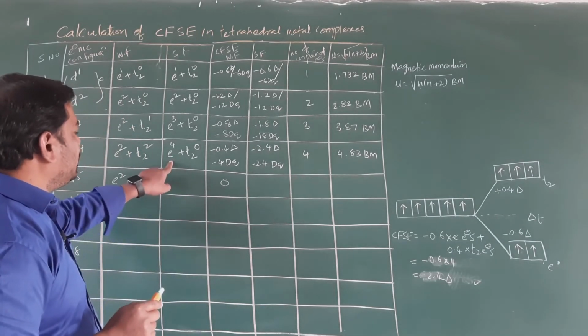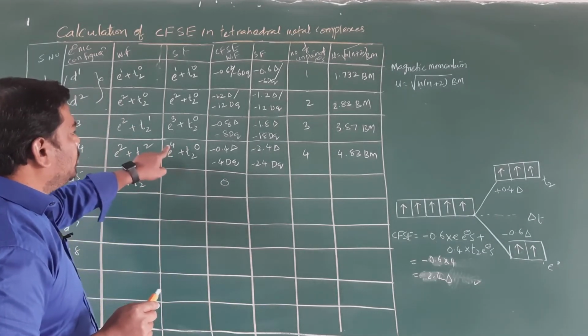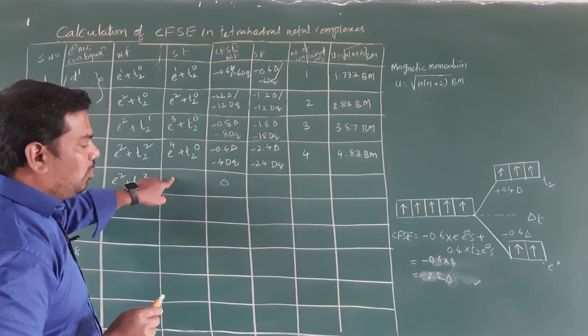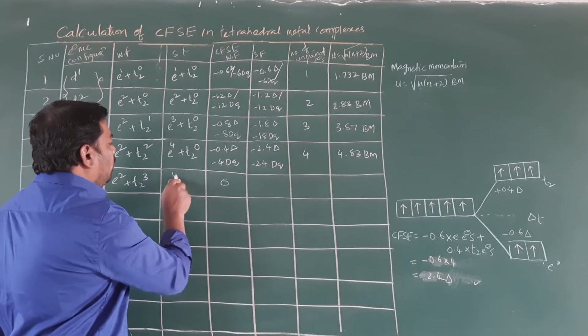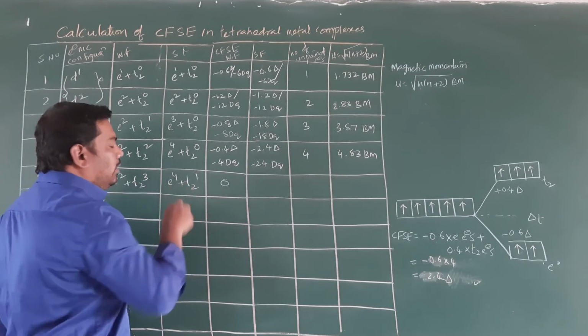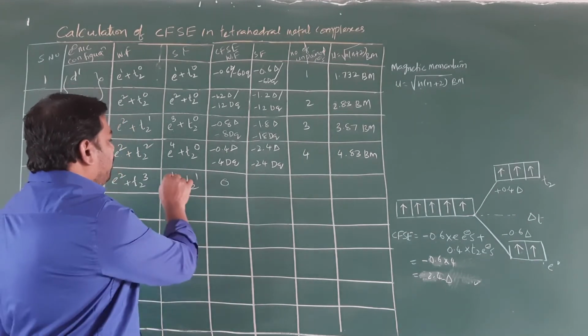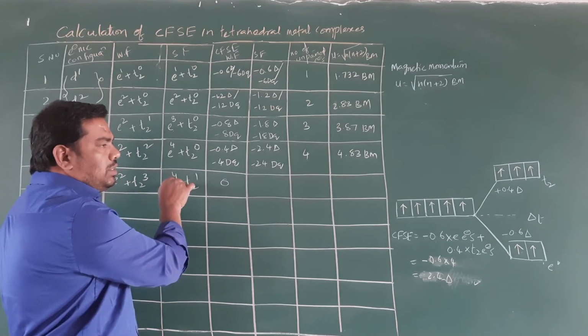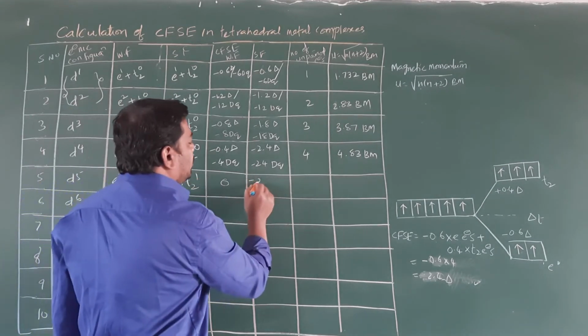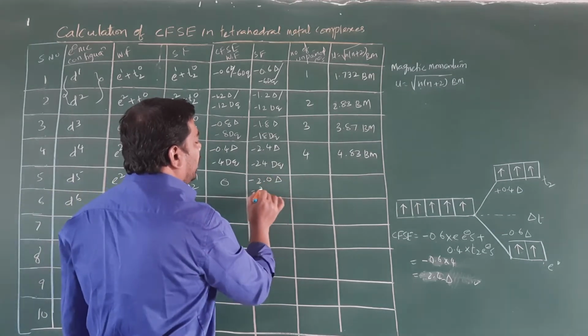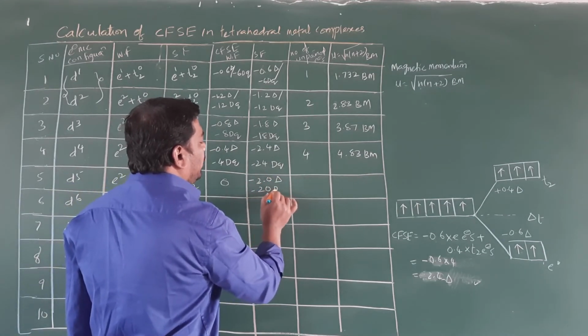In the case of a strong field metal complex, that is E4 plus T2 1: minus 0.6 into 4 means minus 2.4, plus 0.4, that is equal to minus 2.0 delta or minus 20 dq.